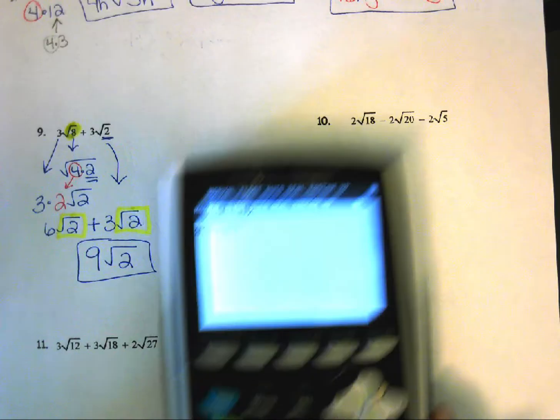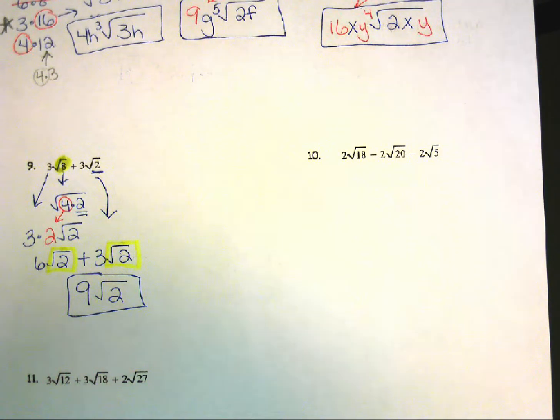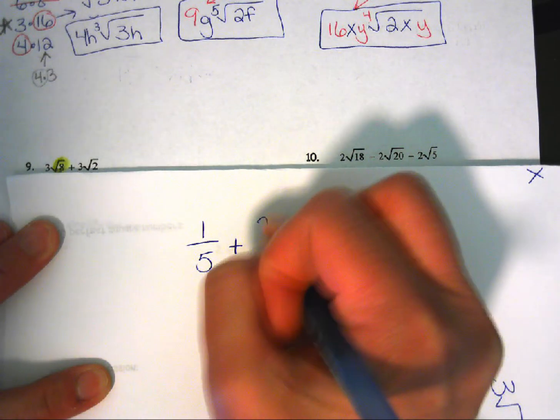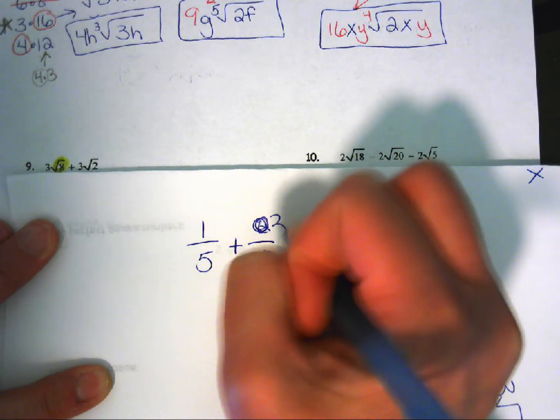So notice that was the original, and so I'm just going to get the decimal answer. And now I'm going to type in my answer, 9 square roots of 2. See how they're exactly the same. Again, it reminds me of when you were younger and you were adding 1/5 plus 2/10, or how about we go 3/10, because that would make it a little harder.